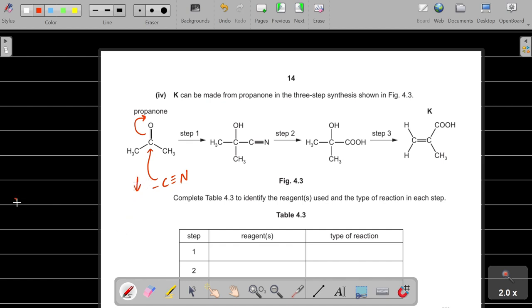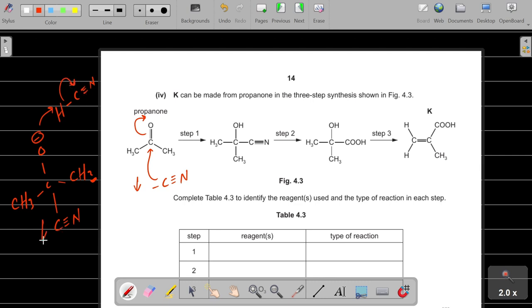For example, I'm writing it here: CH3, carbon double bond oxygen, and here I will have this CH3. Next the C triple bond N will connect here, and now if you have another molecule of HCN, this oxygen will extract this hydrogen, and you will again get the attacking nucleophile.